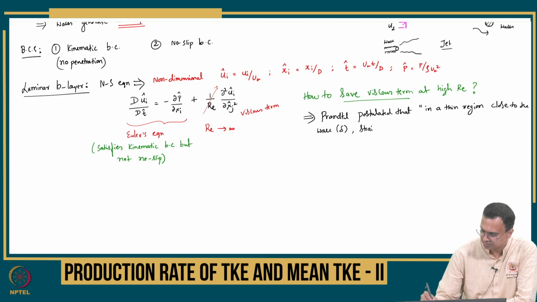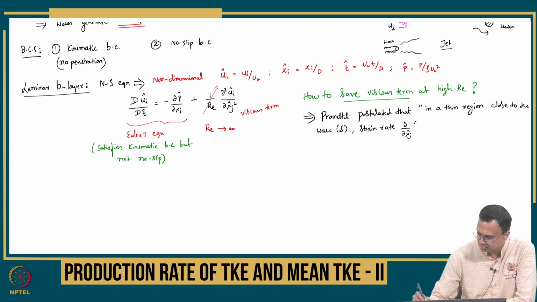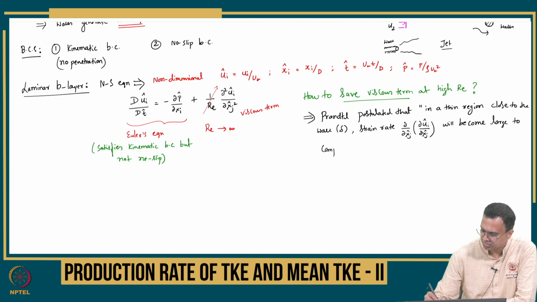Strain rate, that is your ∂/∂xj of ∂ui/∂xj, the strain rate term will become large to compensate for low 1 by Re values.